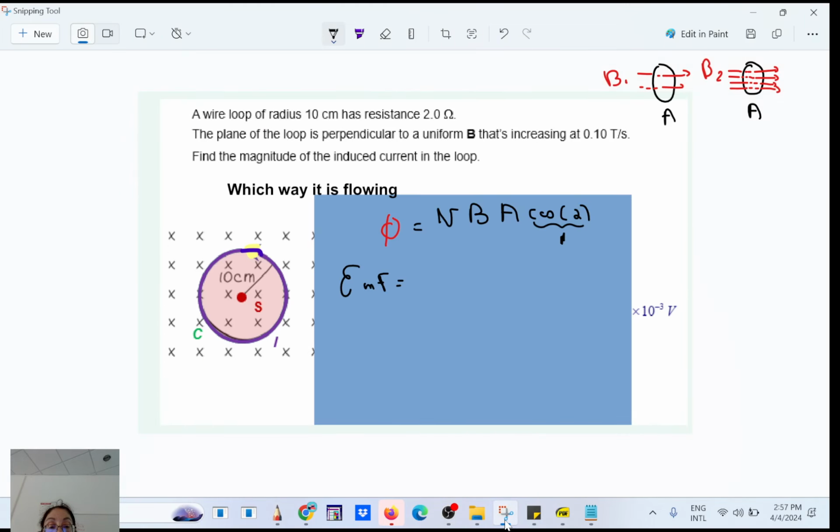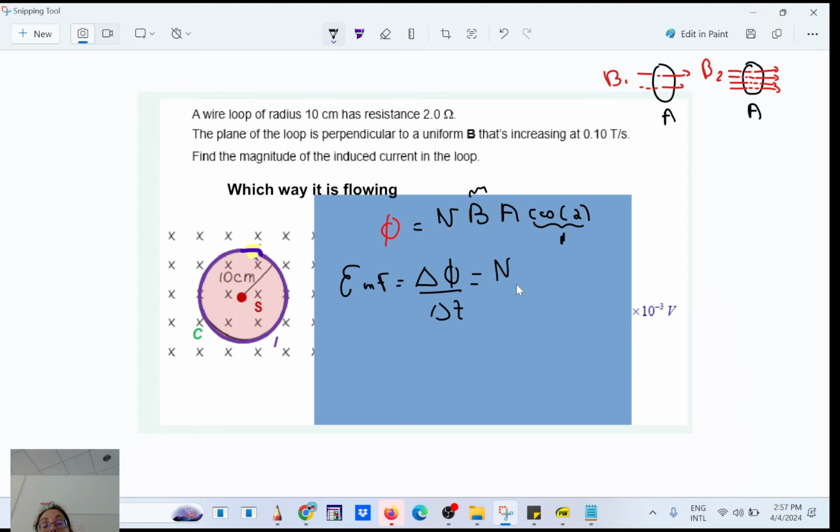It's tricky. So the EMF will be, what is changing is B. It's going to be delta phi over delta t. So M is not changing.